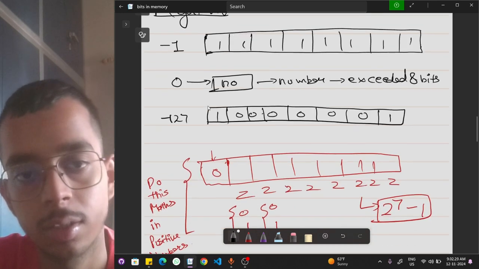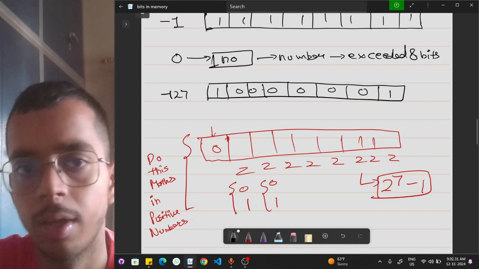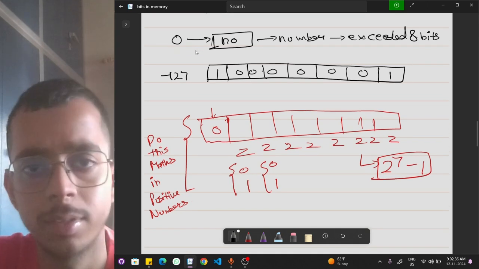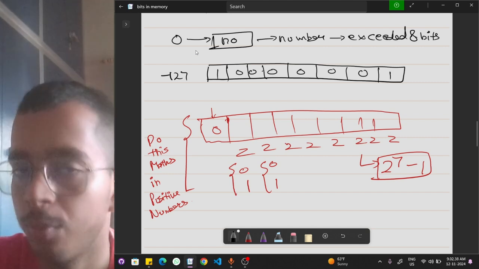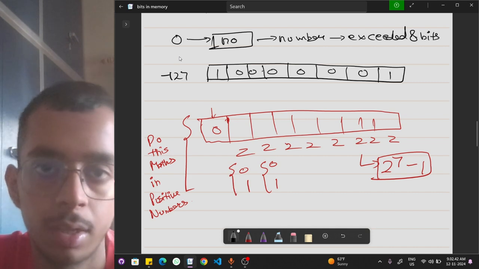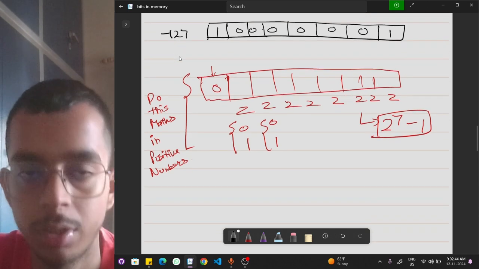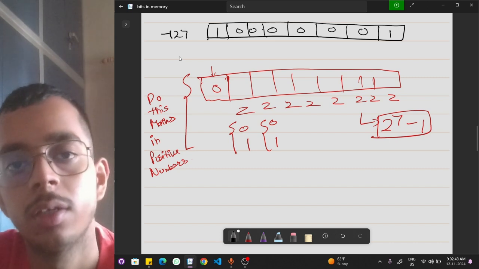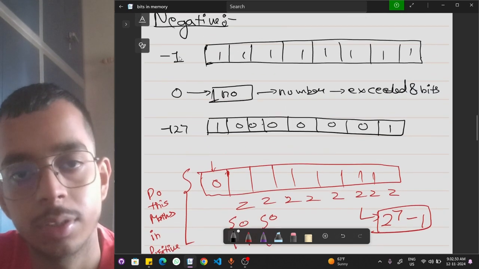For zero, it doesn't exist. Why? Because if you take the two's complement and then add one, the number exceeds the 8-bit limit, so it does not exist. For minus 127, this is the representation.